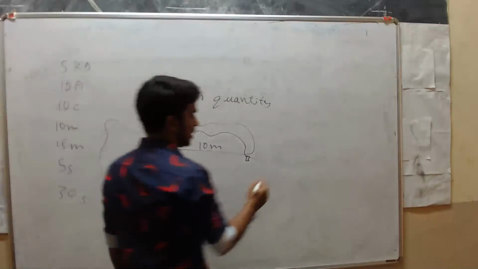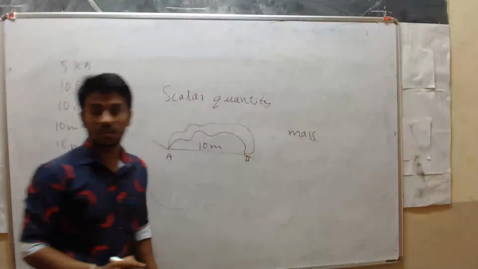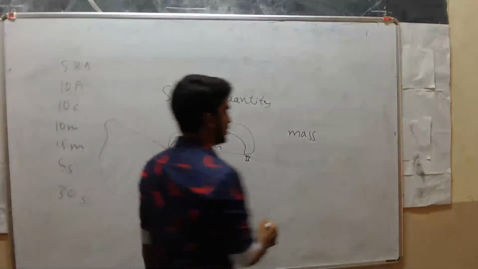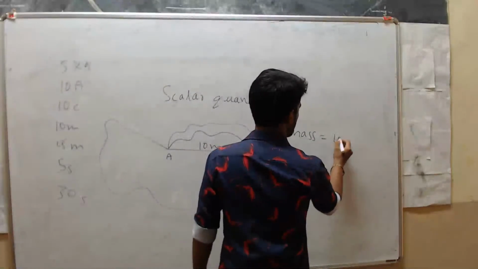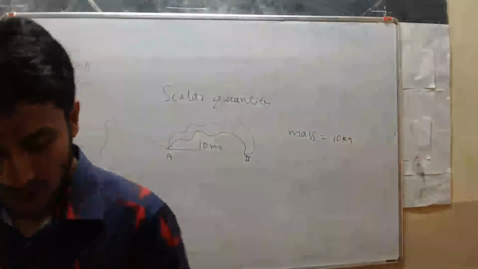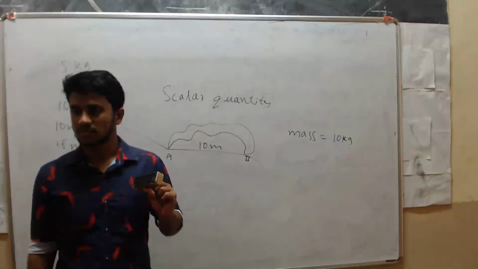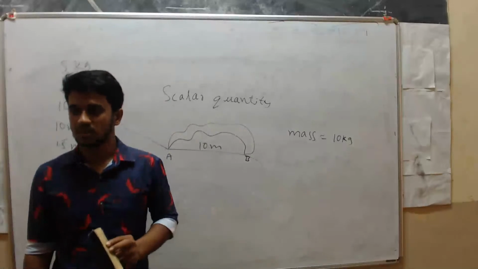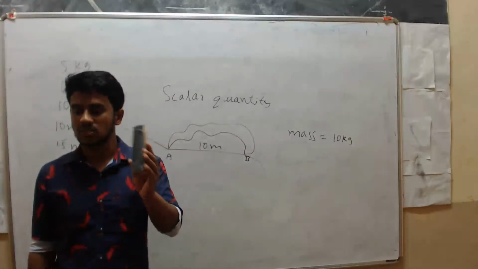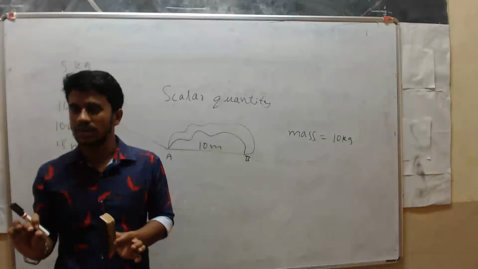Then say mass. Mass is also an example for scalar quantity. See here, because I will say mass is 2 kg, mass is 10 kg. If I ask what is the weight of this duster, you will say 1 kg. So the mass of this duster is 1 kg. To understand that it is mass, we just need that value, right?